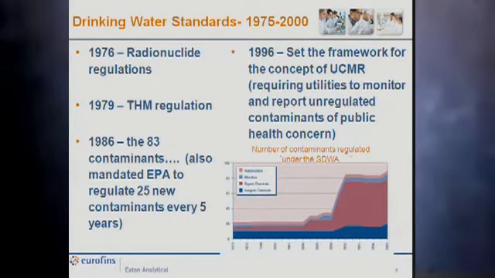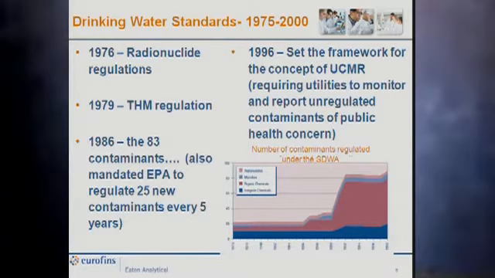In 1979, because of the data that Rook had seen in the Netherlands and that EPA saw in New Orleans, there was a THM regulation set. And then in 1986, when the Safe Drinking Water Act was amended, EPA was told, thou shalt monitor and set standards for 83 contaminants. And on top of that, you have to regulate 25 new contaminants every 5 years.